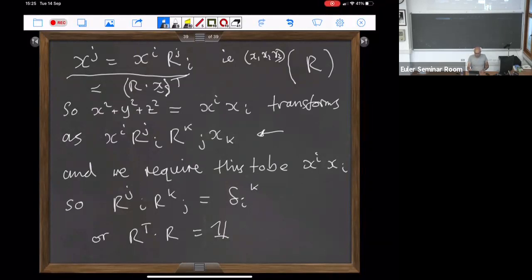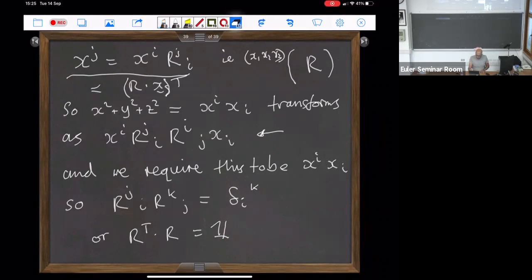The point of that is that if I had written i and i here instead, that would be confusing, because I've already got an upper i and a lower i in the first factor of the formula. You wouldn't know which i to sum over if you did it that way, and if you summed over the wrong one, you would get the wrong answer.